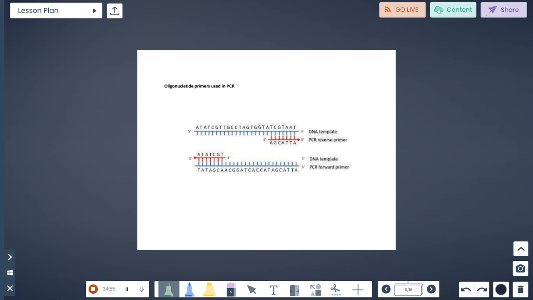So this is a typical oligonucleotide we use for a normal PCR process. There will be a PCR primer, forward primer and reverse primer. Why I am telling you this is that there are some modified primers used in the PCR reaction, depending on the purpose or the goal or aim of the experiment.